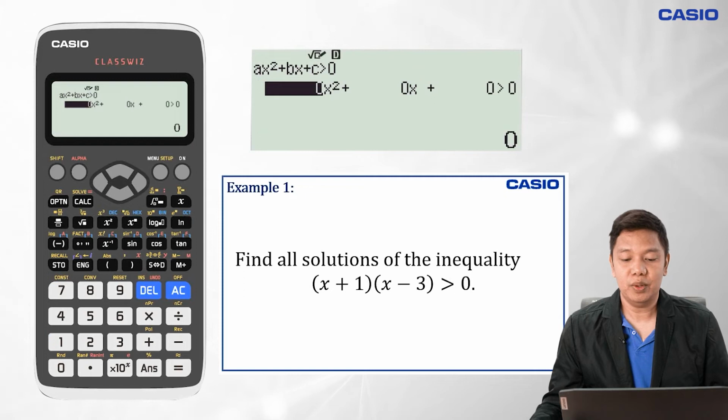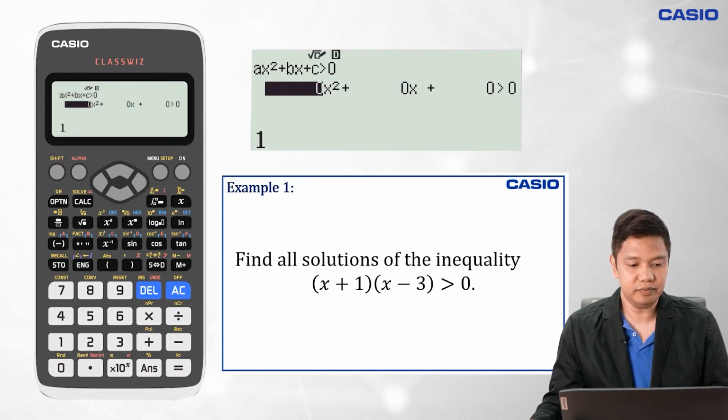The given example is a factored form of two binomials. But what we need to key in our calculator are the numerical coefficients a, b, and c. By multiplying the two binomials, we will have the polynomial x squared minus 2x minus 3. Therefore, our a is equal to 1, so we need to press 1.